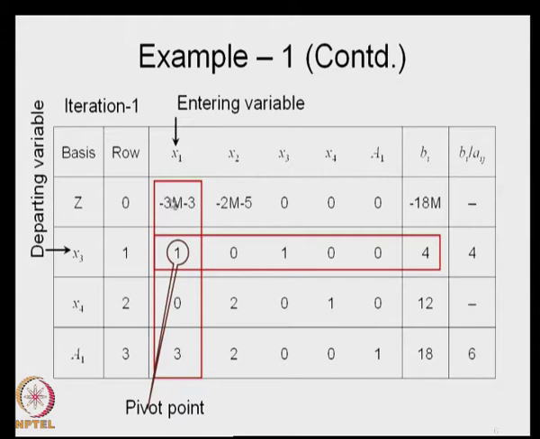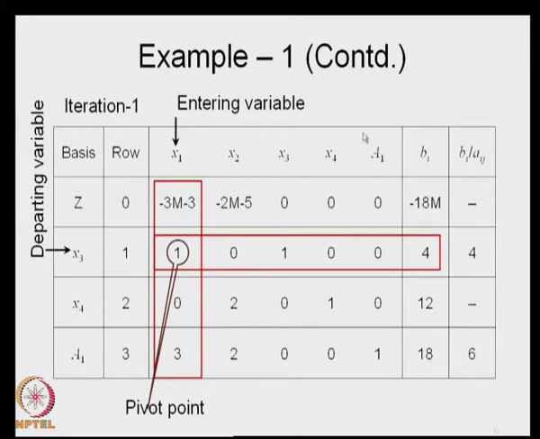The coefficient of m will determine the relative magnitude, because m itself is very large here, and therefore, minus 3 m minus 3 is a larger negative number compared to minus 2 m minus 5, and therefore, x 1 becomes the entering variable.